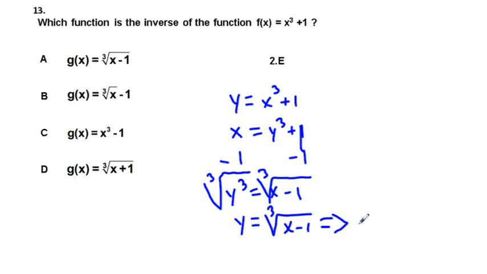Well, in this case, we're starting with g of x, so g of x is equal to cube root of quantity x minus 1. So our answer choice here is A.